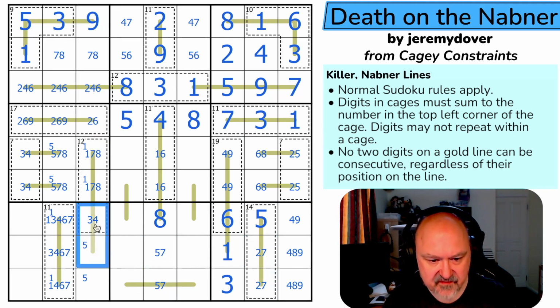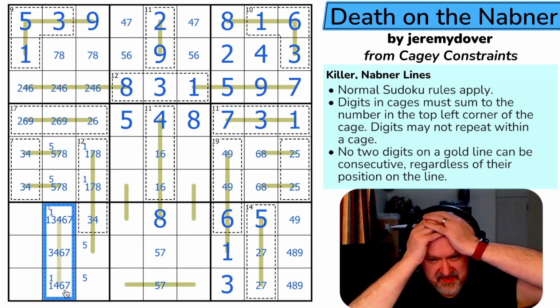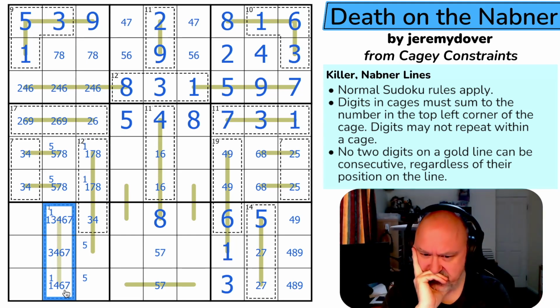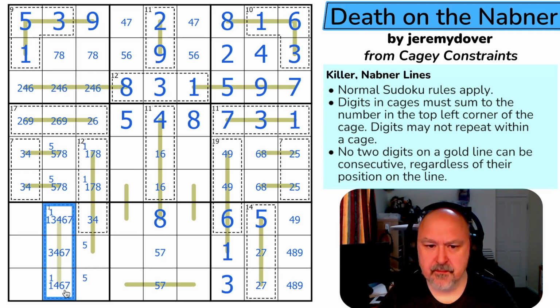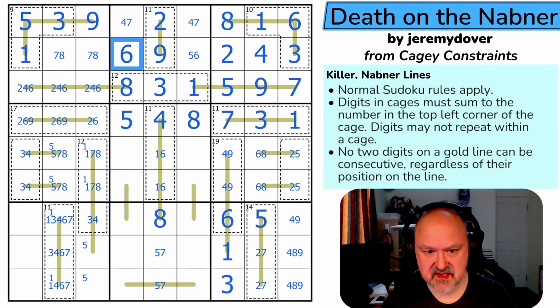Now, if this is 5, this is 3, which means this is 1, 8. That's 7. This would be 1, 4, 6. Sorry, this is tricky. It's fun, but tricky. This 5 made this 6 and this 5.